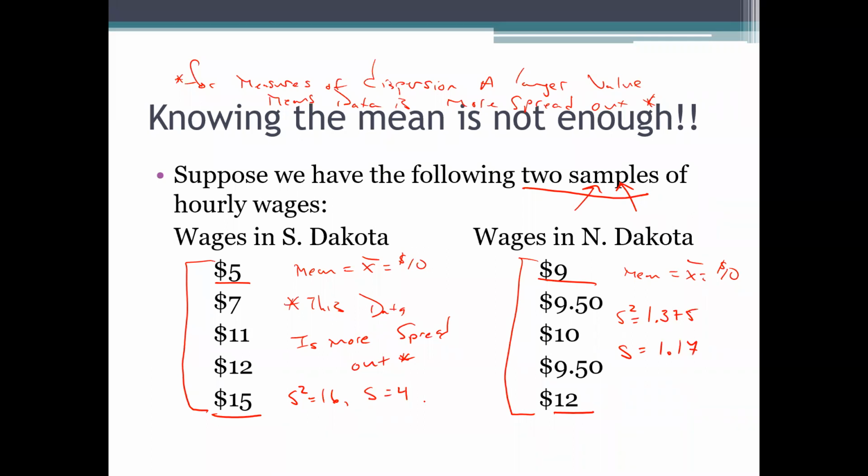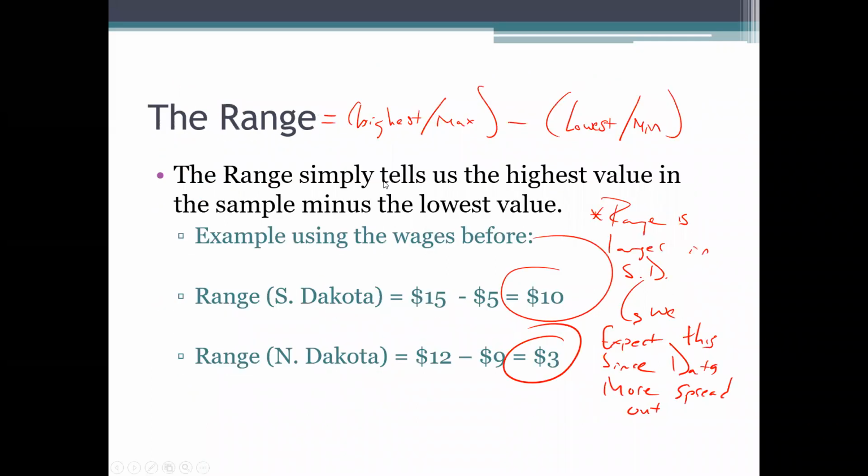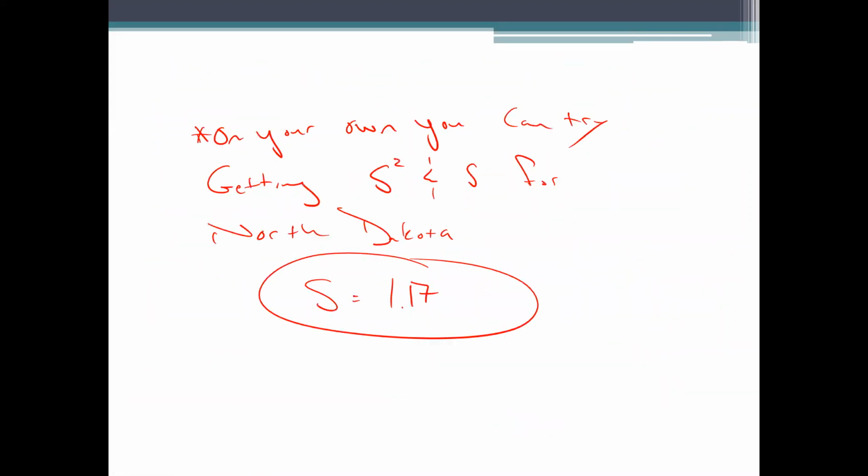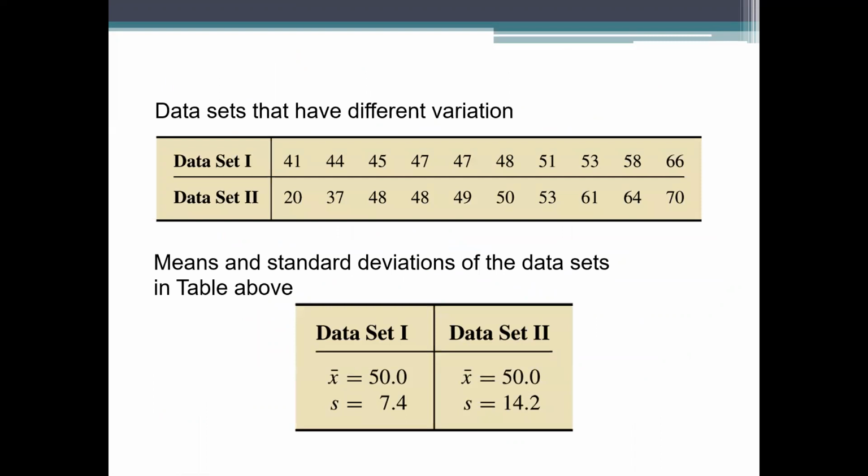I just want to put another visualization to this. Here are two different data sets. I just made these up. Here's data set 1 and here's data set 2. If you look at the values, data set 2 is more spread out.